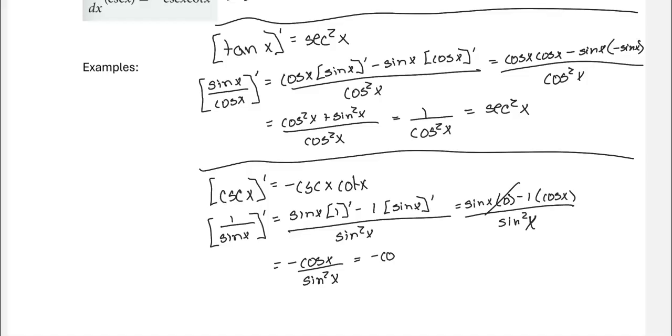And I could think about this as negative cosine over sine times 1 over sine. That is algebraically the same thing. Negative cosine over sine is negative cotangent. 1 over sine is cosecant. And we could rewrite that as negative cosecant cotangent.